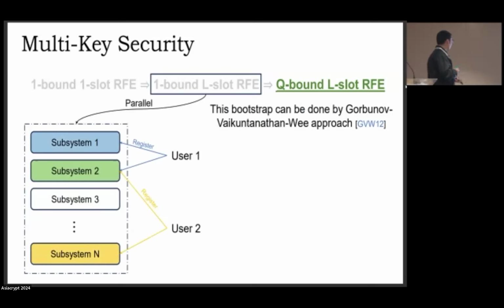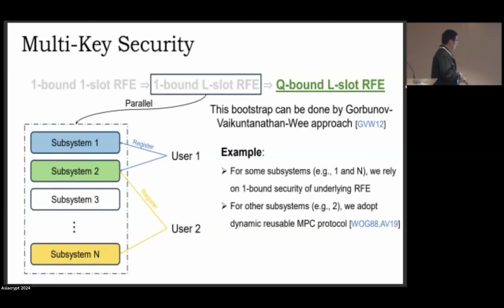For example, user 1 can register his circuit into subsystem 1 and subsystem 2, and user 2 can register into system 2 and system N. So in this case, for those subsystems like system 1 and system N, there is at most one user who has differential access, so we can just rely on the one-bound security of the underlying scheme.